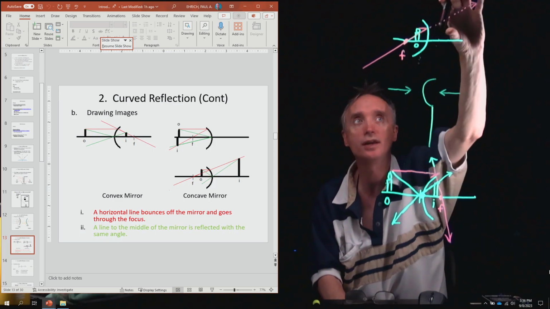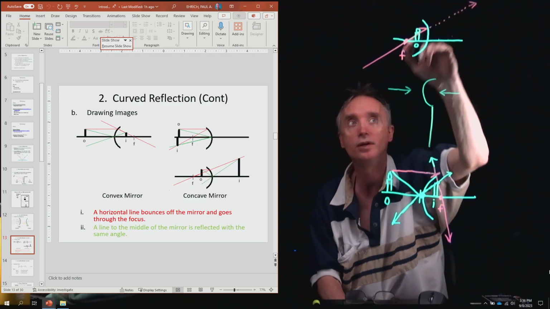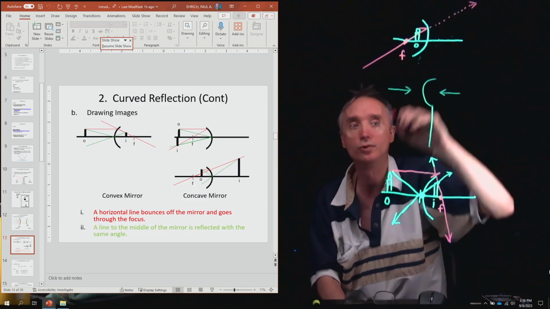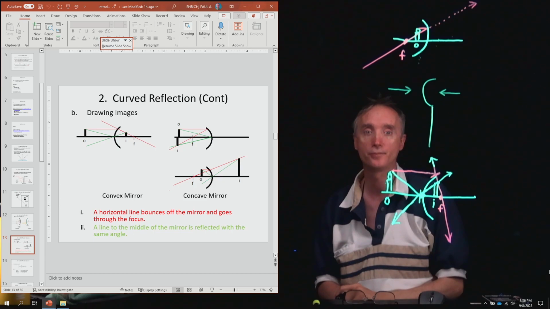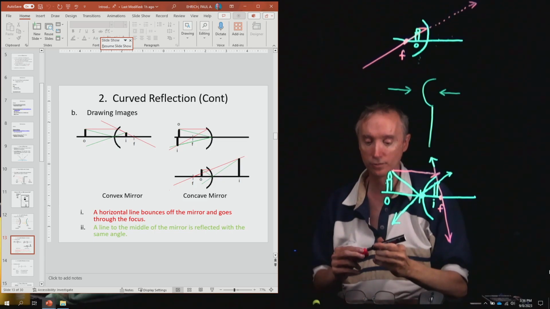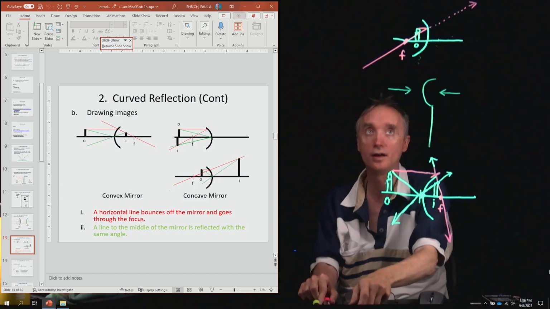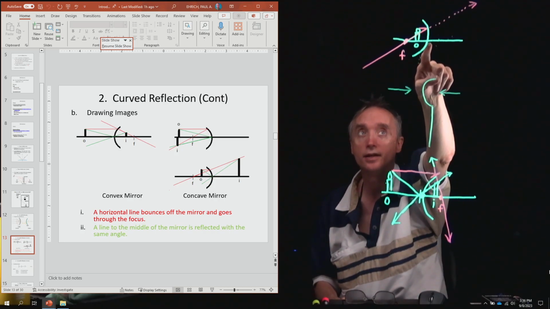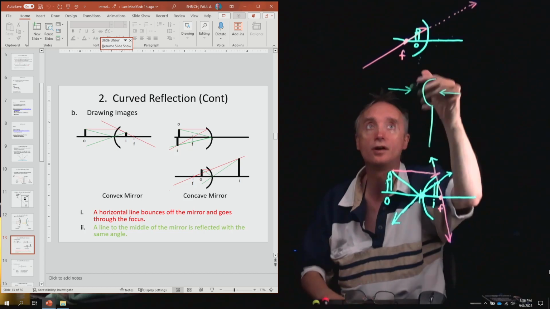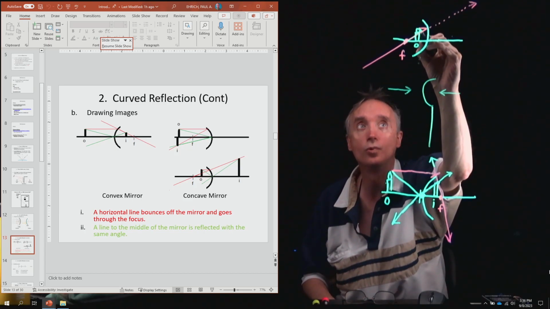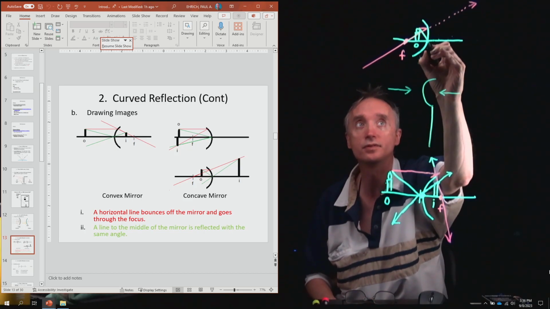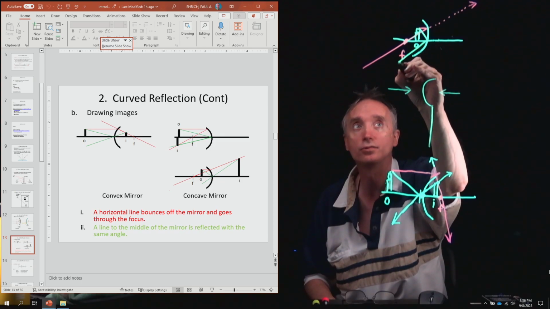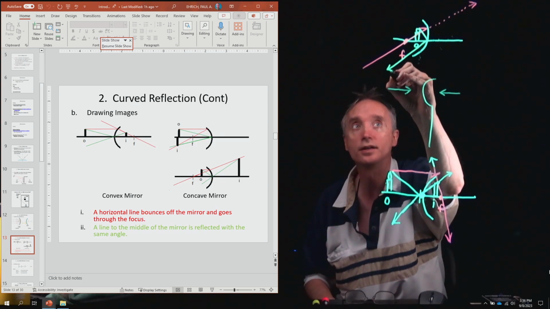Now you can't touch it back here, but we can imagine that this line would be extended back like that. Then our second rule is that a line from the candle, when it hits the mirror, is going to bounce off, and whatever angle this is has to equal that angle right there. So it's going to look like that.